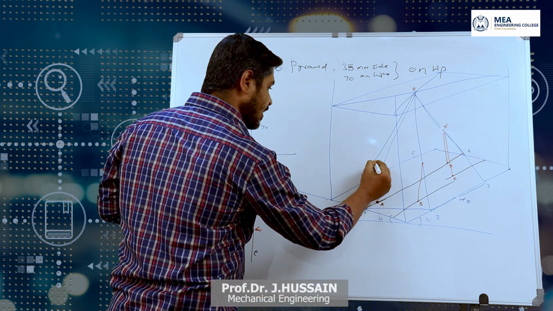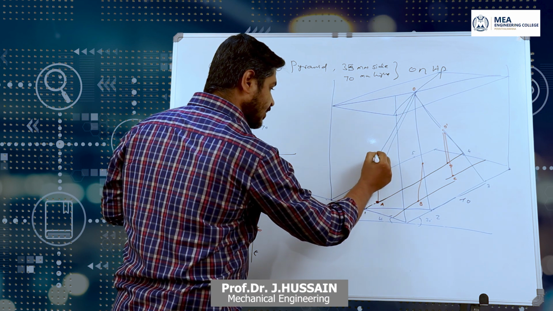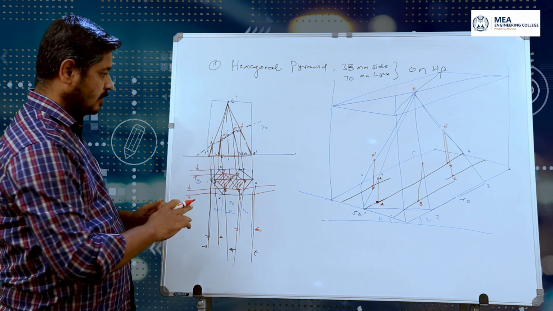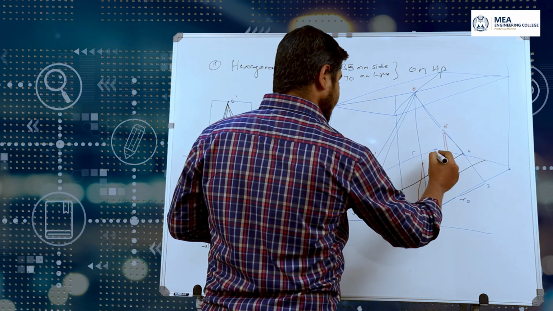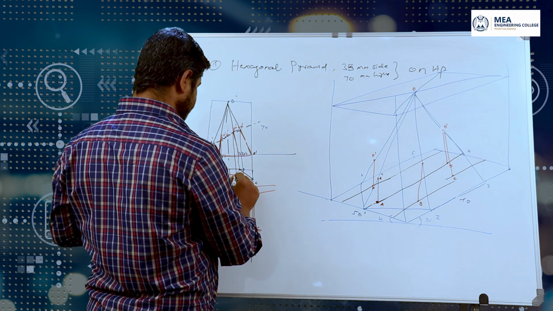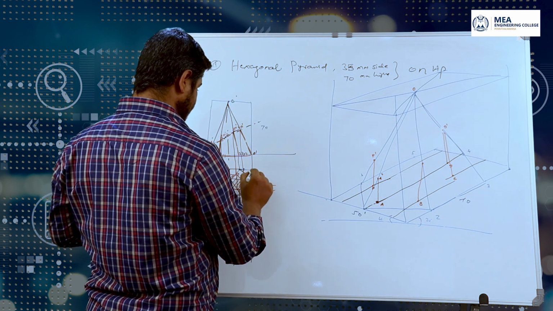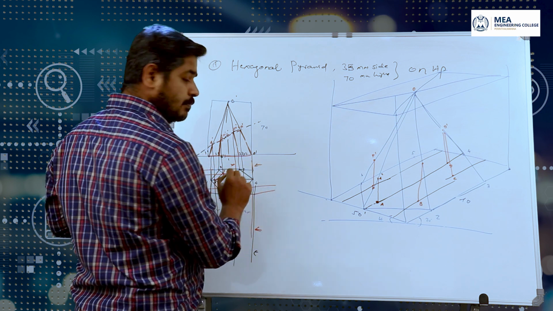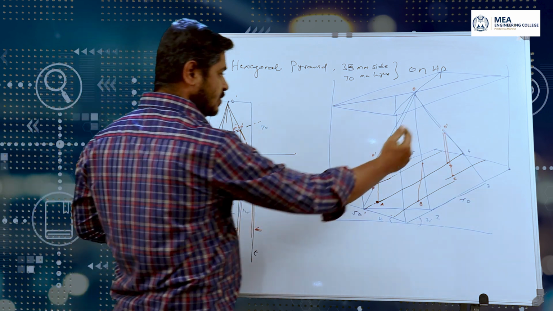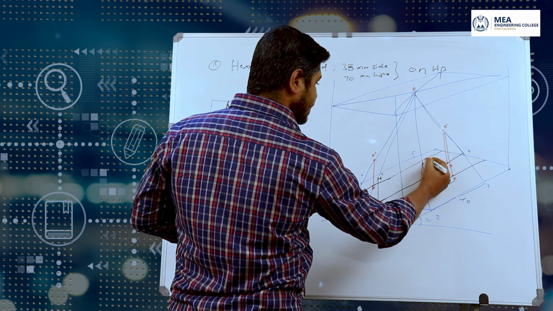Then draw the vertical line that will hit here. So F dash. This is my F dash. Then E on the other side. If it is in the same line, no issue. Measure the distance. This distance. Measure this distance 4 to E. This is 4 line, 4 to E.